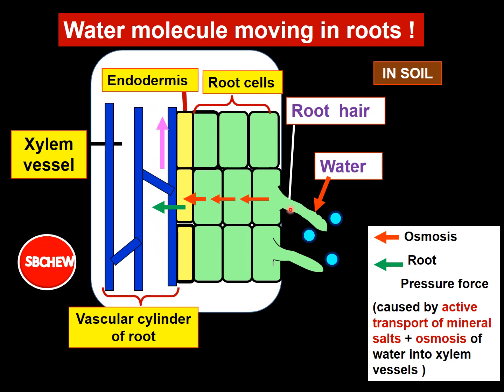The red arrows here represent the process of osmosis of water, where water diffuses from one cell to the next by osmosis, and the green arrow represents the root pressure force that is produced, caused by active transport of mineral salts and osmosis, where water diffuses into the xylem vessels and is pushed up the xylem vessel. So let's observe the animation.